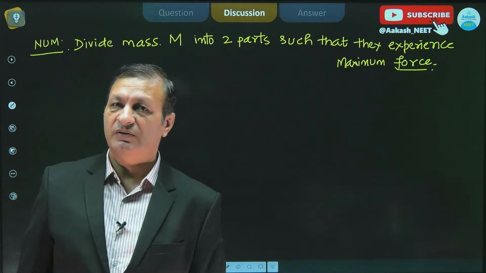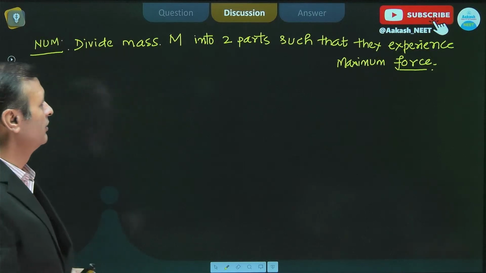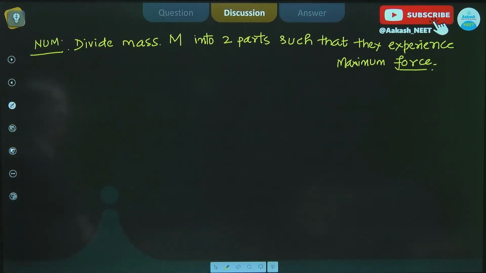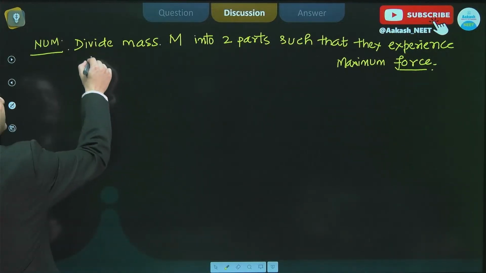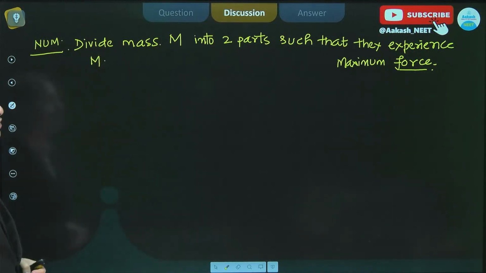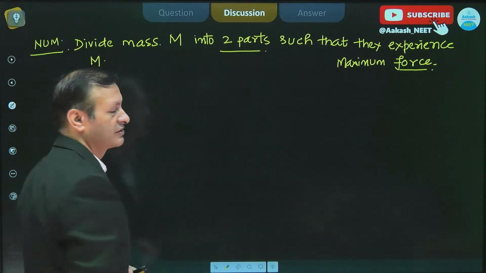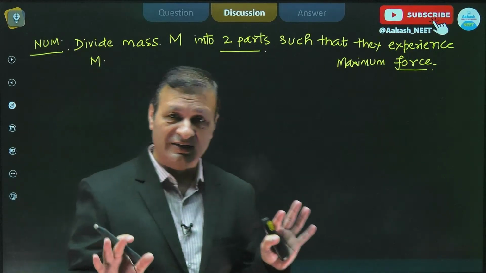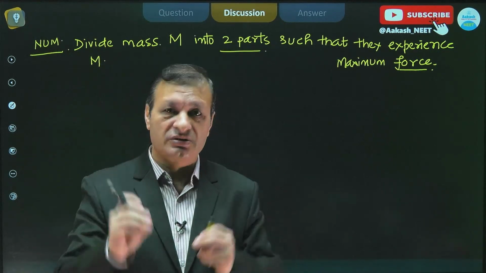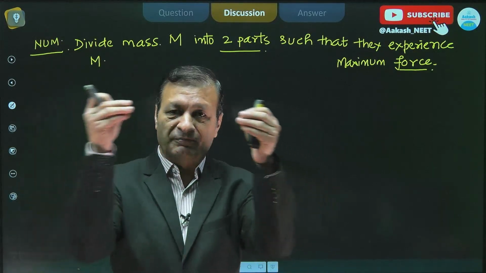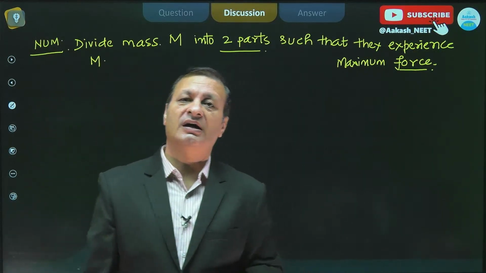So this is again one of the fundamental numericals based on this, and it is very fine. What is given to us is a mass M. We have to divide this mass into 2 parts such that the 2 parts we get have maximum force of attraction.